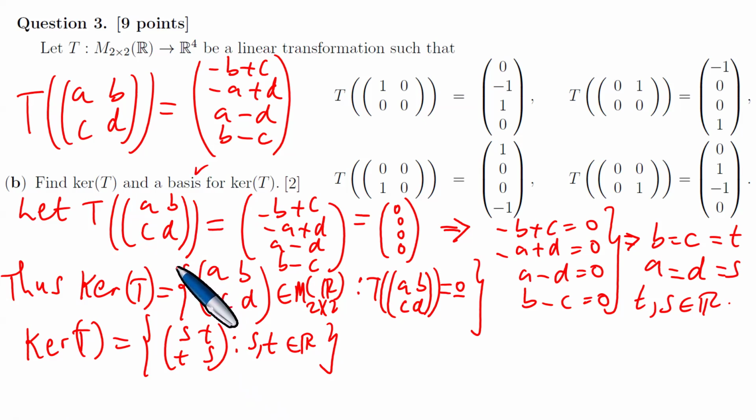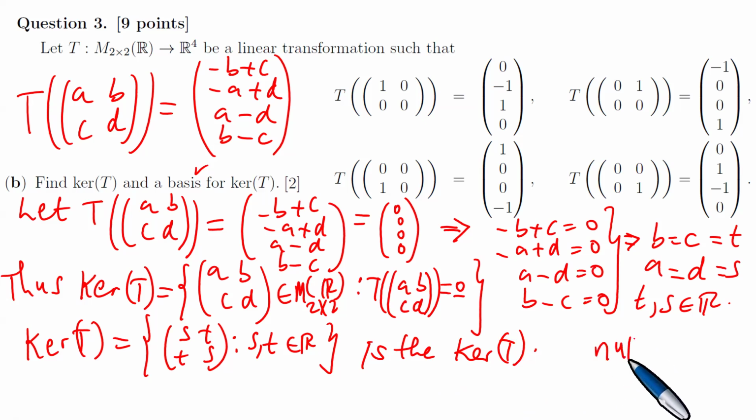So this is already the kernel of T, or sometimes some books call it the null space of T. Or you can call it the null space of T, where you write null of T. In this case, null of T would be this set here. The set has been written exactly in set builder notation.